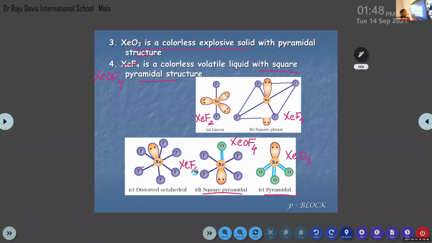So for oxo acids, you should learn the structure. At least you have to learn the name of the structure: linear, square planar, distorted octahedral, square pyramidal, and pyramidal. Clear? So that's about this chapter.